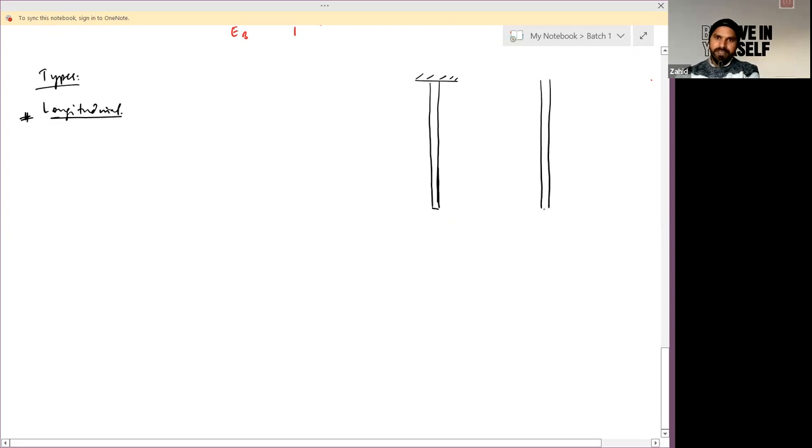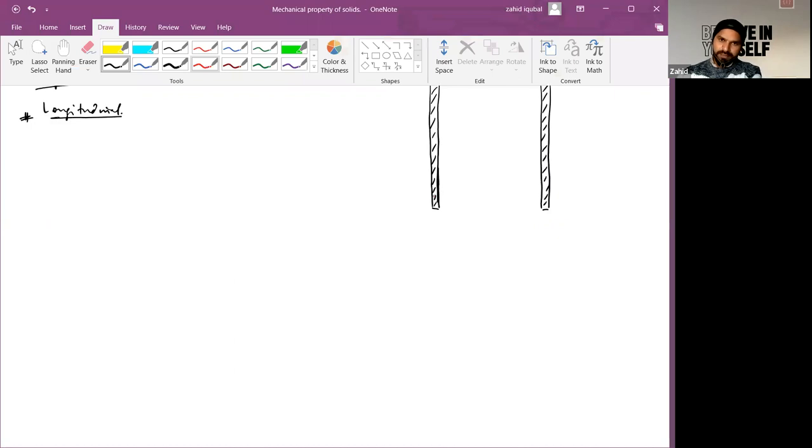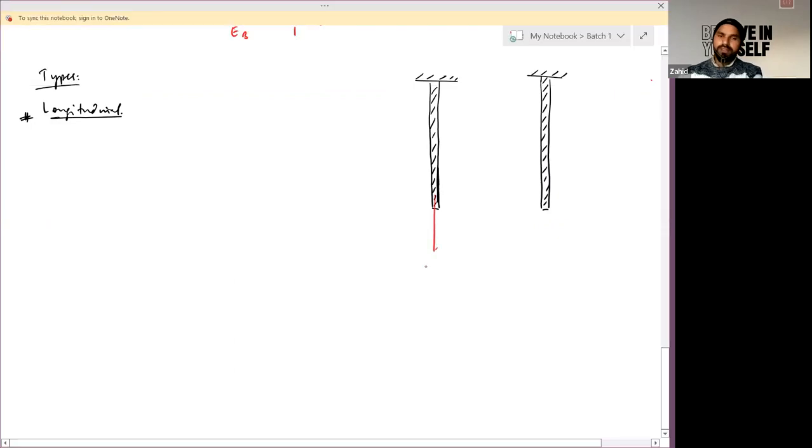Deforming force may be applied in two different directions. In the first part, the deforming force is applied along this direction to elongate it, and in the second part along this direction to compress it. So the first part is also called tensile, and the second part is called compressive.